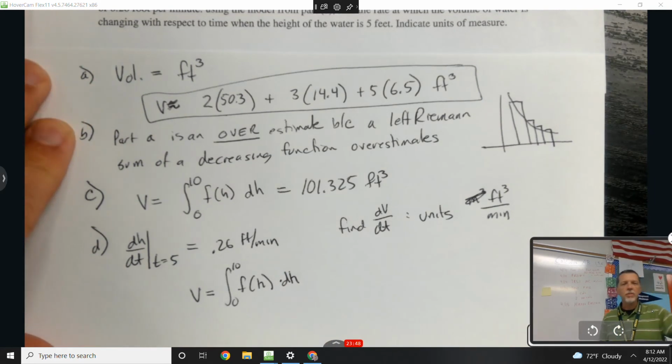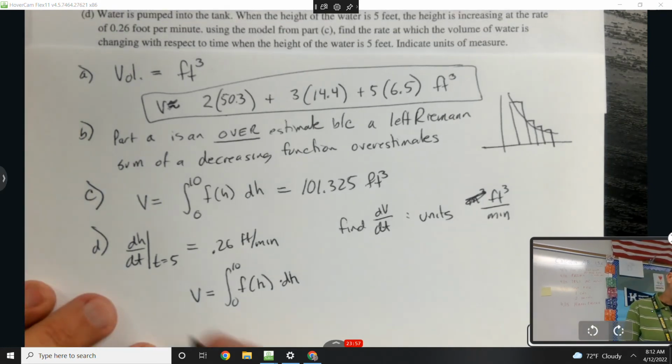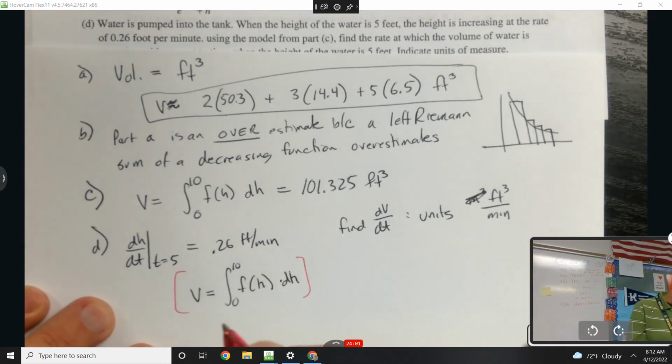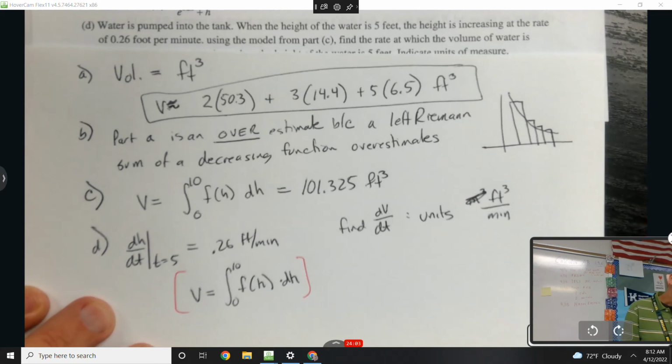That was our volume. And so if I want, tricky, I need to take the derivative of all that with respect to time.